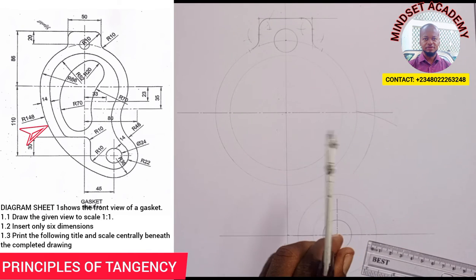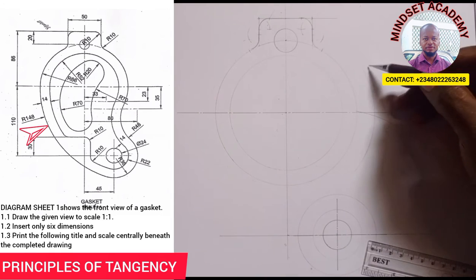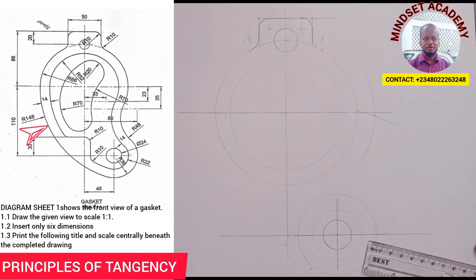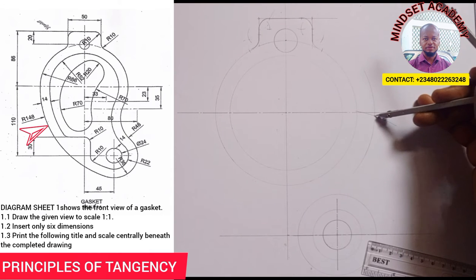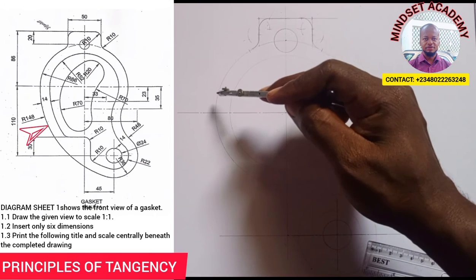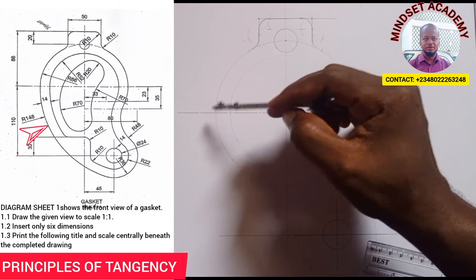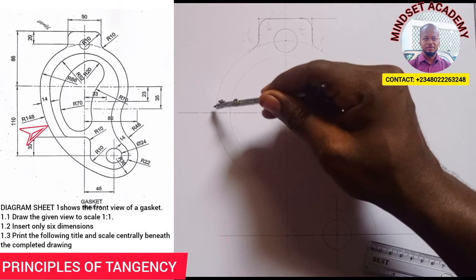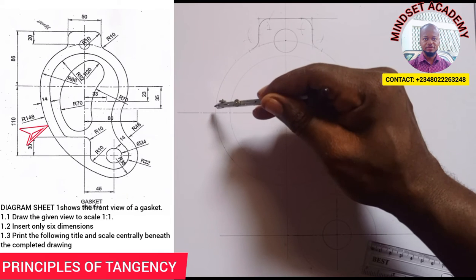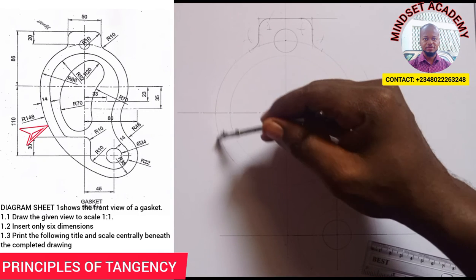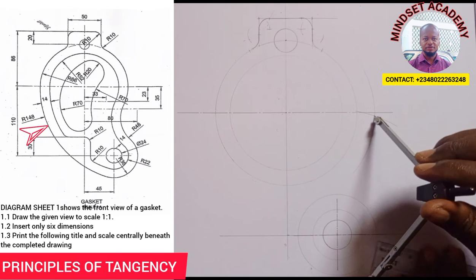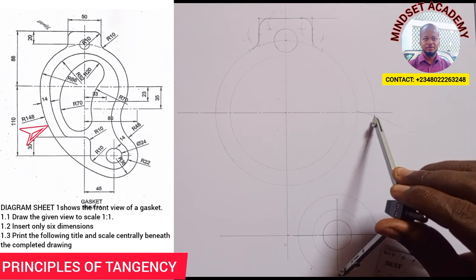So what do you notice? This is where the first arc and the second arc intersect. So that is my point that I am going to use to connect this circle to this one. Hope you can see what I'm trying to pass on to you here.